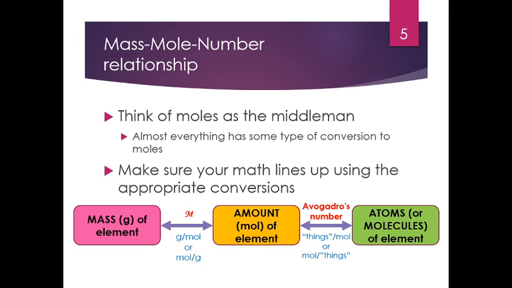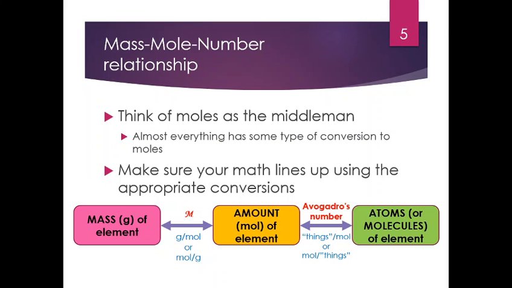And so when we look at these relationships here, moles is always going to be your middleman. And as you'll realize throughout the rest of this semester, there is always some type of connection or some type of conversion that involves moles in whatever unit you're dealing with. Right now I'm showing you that there's a conversion between mass and moles if you have the molar mass. And again, I just use this little squiggly M because I don't want to write out molar mass every single time.